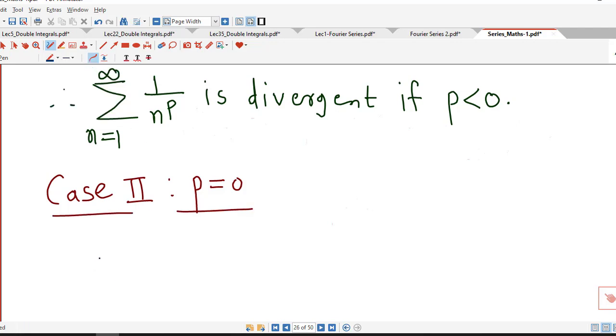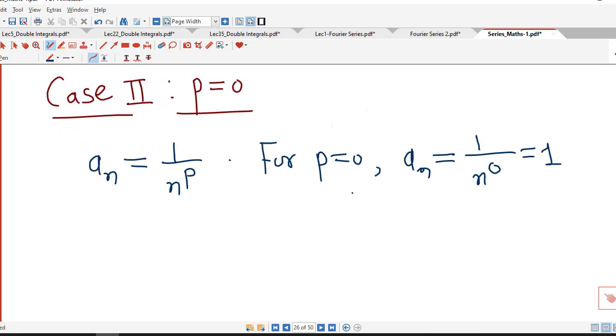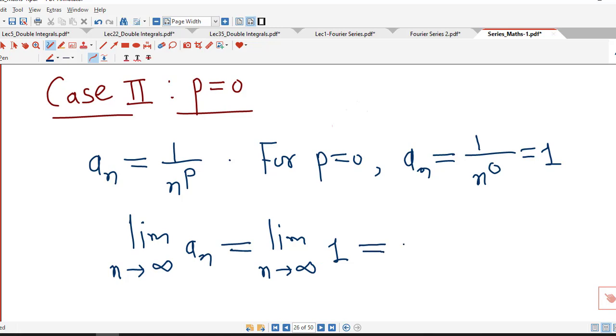If p is 0, our an is 1 over n raised to p. So for p equal to 0, the nth term becomes 1 over n raised to 0, that is 1. If we find the limit of the nth term, limit as n tends to infinity of an, this is going to be the limit of 1 as n tends to infinity, but 1 is independent of n, so it is equal to 1.